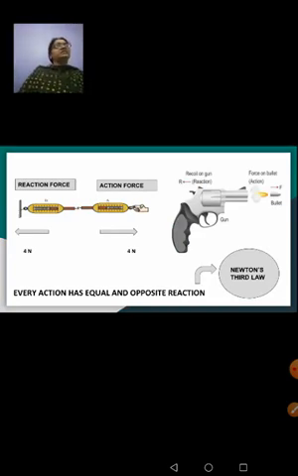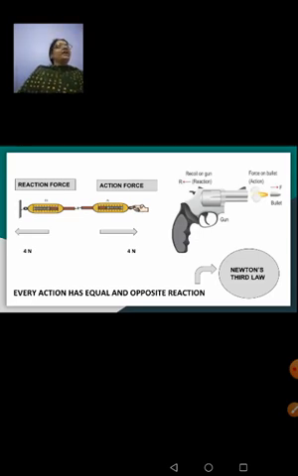We had discussed so many examples when we were doing this chapter, like recoiling of a gun, bouncing of a rubber ball. When you're rowing a boat also, the third law of motion plays its role. Now, in recoiling of a gun, what happens? The action force is on the bullet, whereas the reaction force is on the gun.